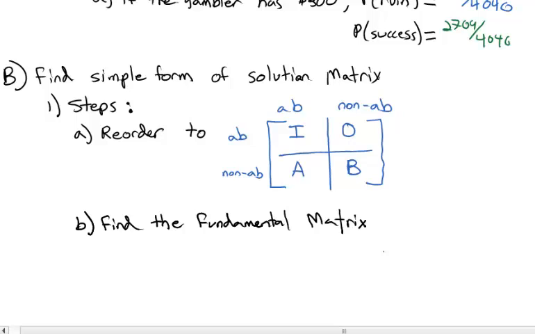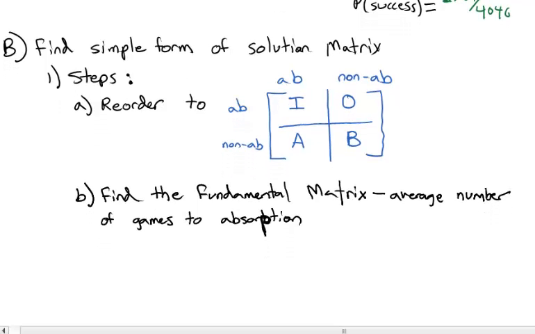And what the fundamental matrix does is it tells us the average number of games to absorption. In other words, if I have $300, how long is it going to take on average for me either to lose it all or to gain it all? How many games?